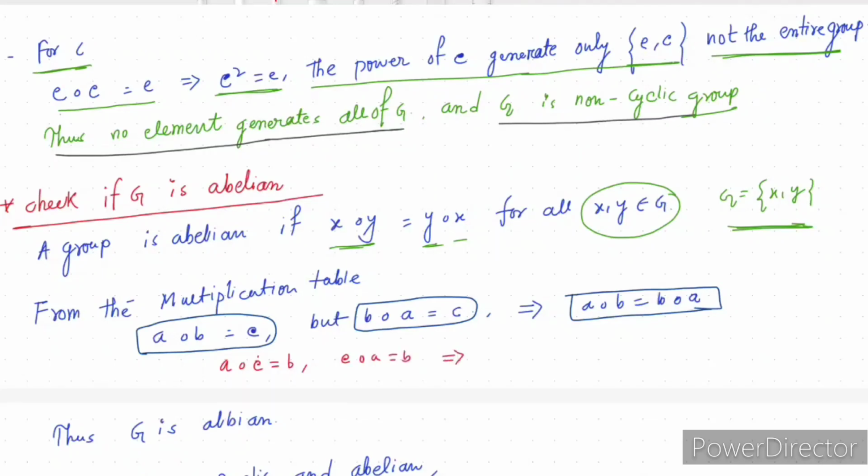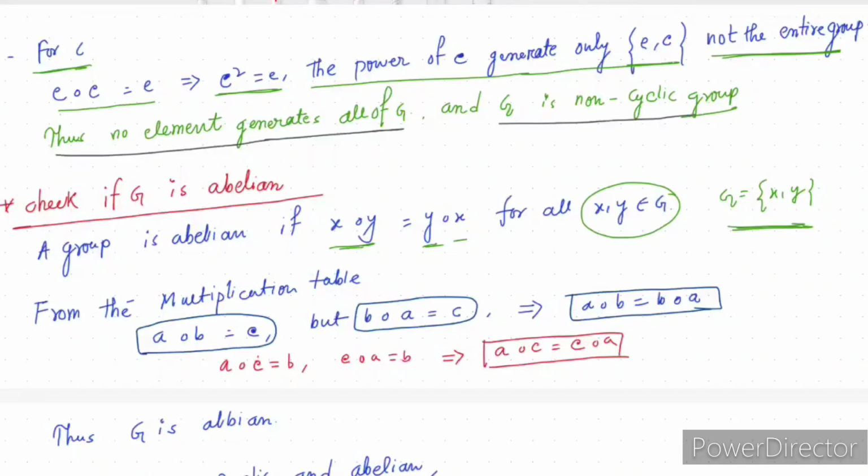So from this expression, a multiplied with c and c multiplied with a, it follows the abelian group properties. Okay, in this way, these are the actual rules for a group to be called an abelian group.